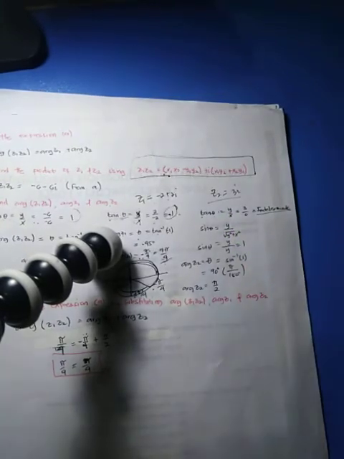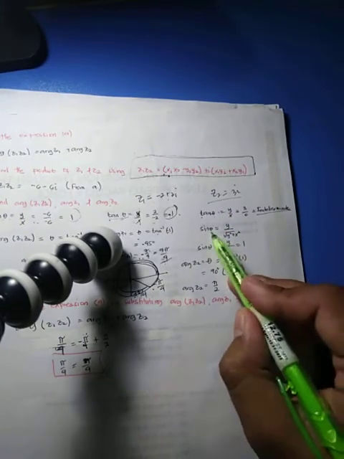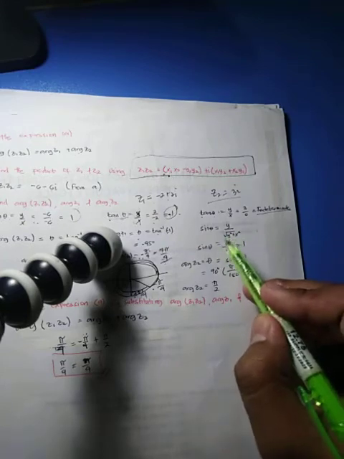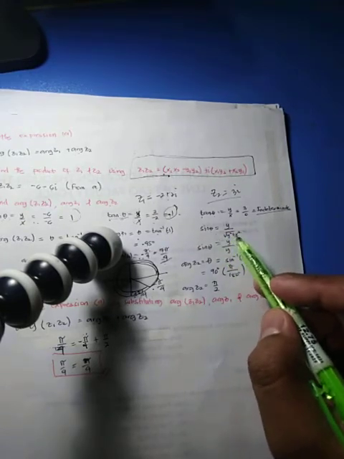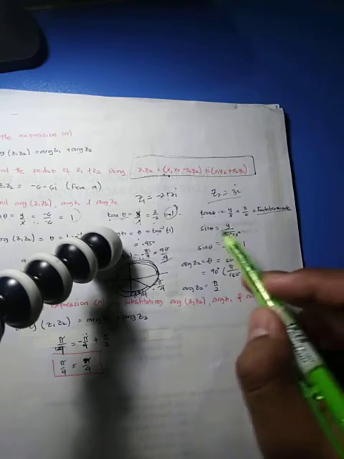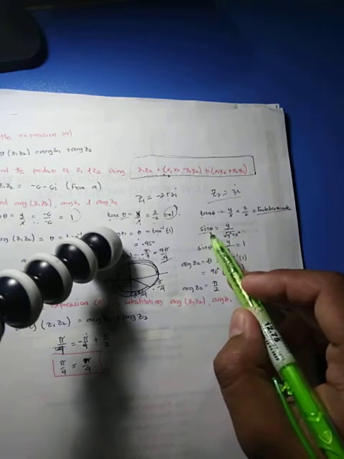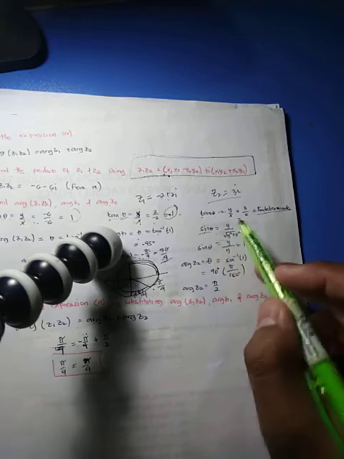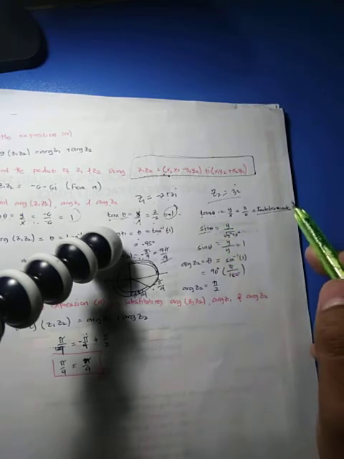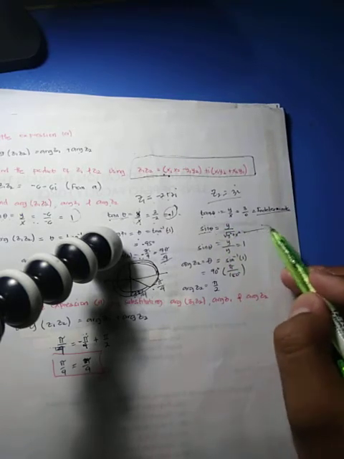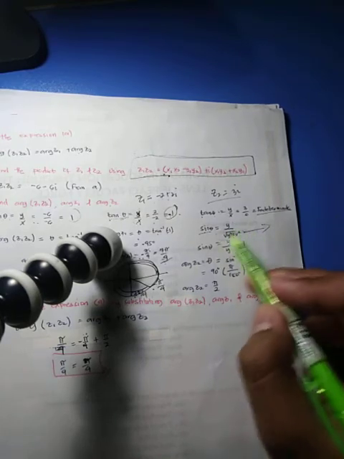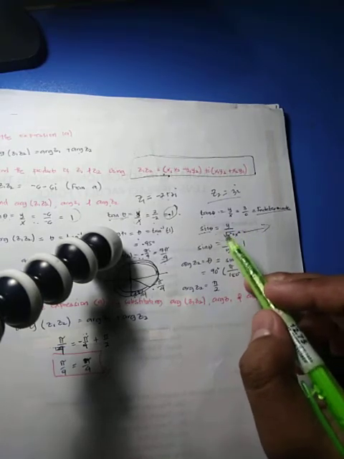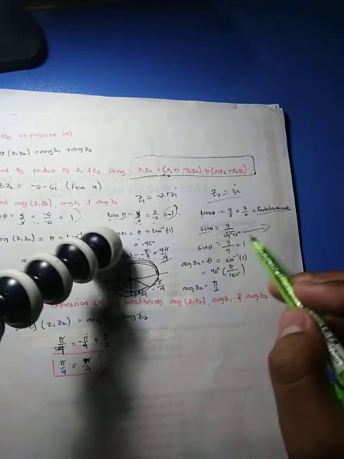Sine theta is equal to y over the square root of y squared plus x squared, because sine of theta is defined as opposite over hypotenuse, where the hypotenuse is the radius. So the opposite is y, and the hypotenuse is the square root of y squared plus x squared.